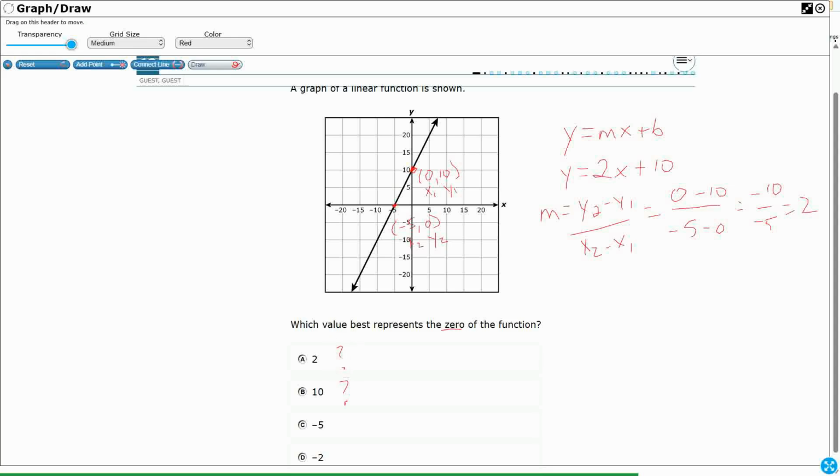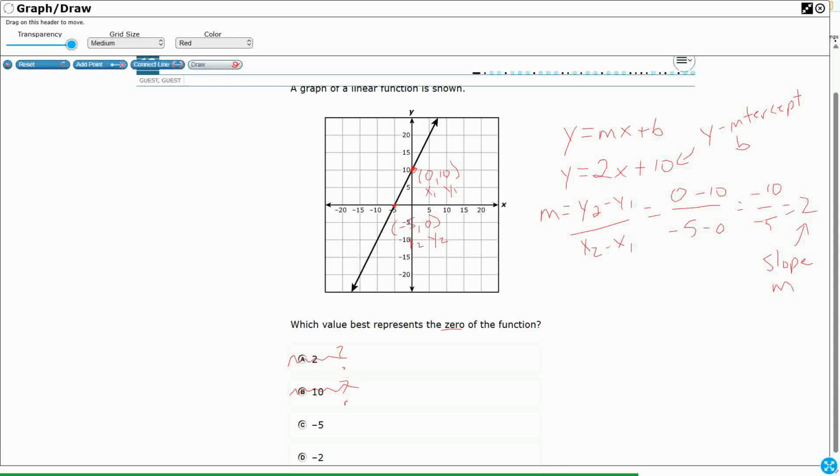All right, so I've been able to get a 2 and a 10, but I'm going to cross them out because we know what those are. My 2 is my slope, or my m. My 10 is my y-intercept, or my b.